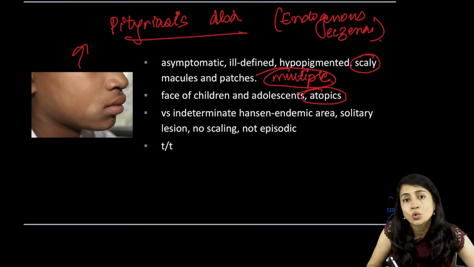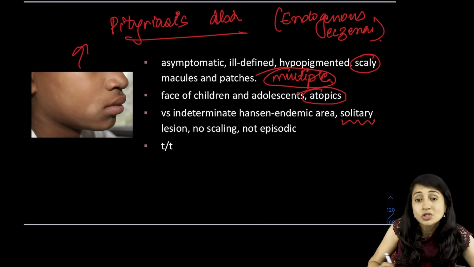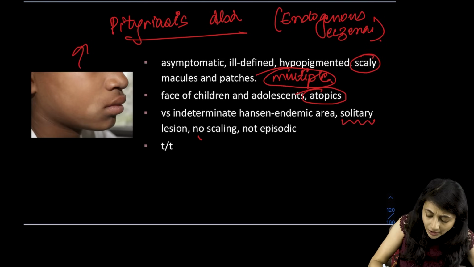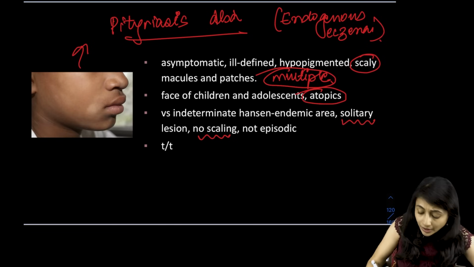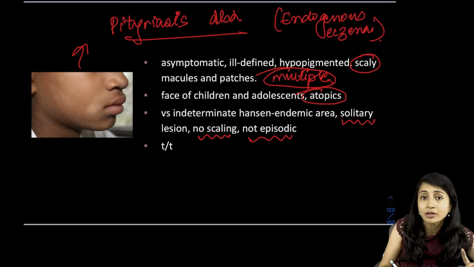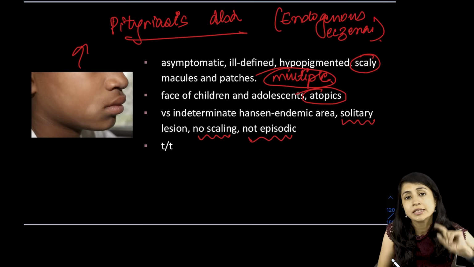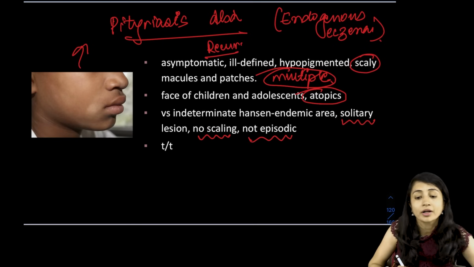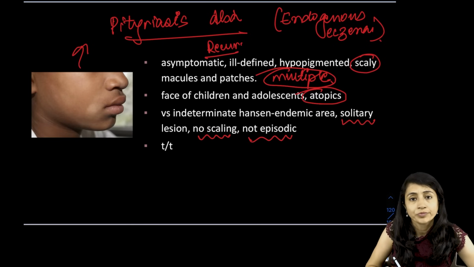However, if they want to ask you about indeterminate Hansen, one, they may give you an endemic area. They will tell you the lesion is solitary. Indeterminate Hansen will not have multiple lesions. It will not be scaly. And it will not be episodic. What do I mean by that? P. alba can recur. It is more commonly seen in winters. So it can recur, but indeterminate Hansen does not recur. It is not episodic. Clear?